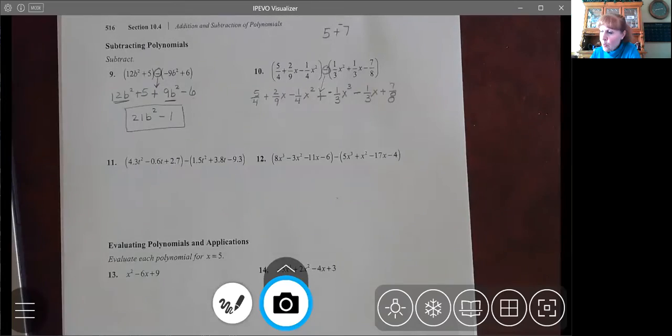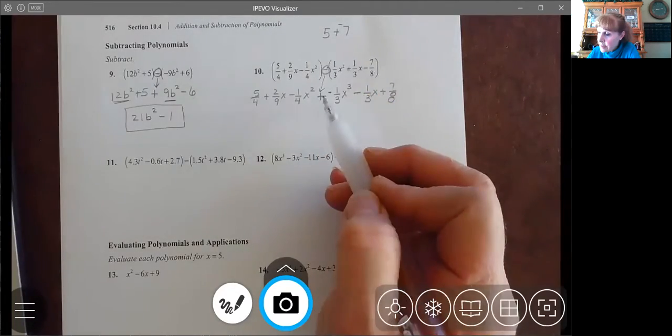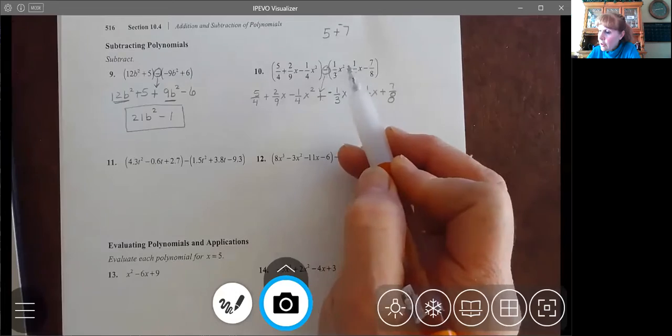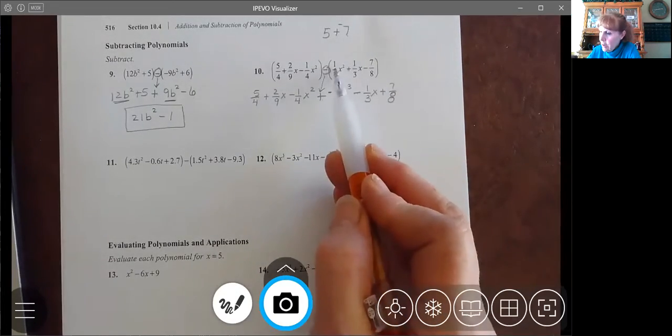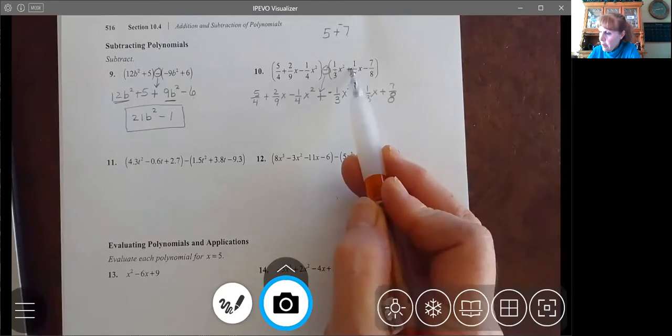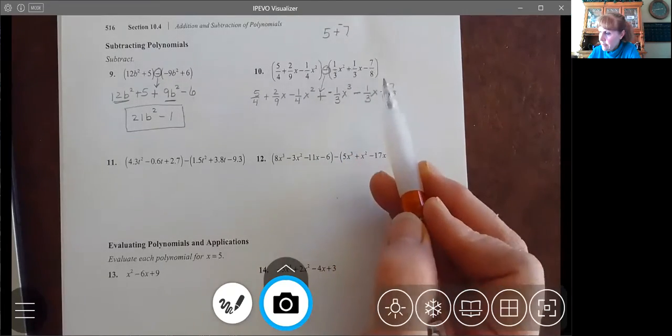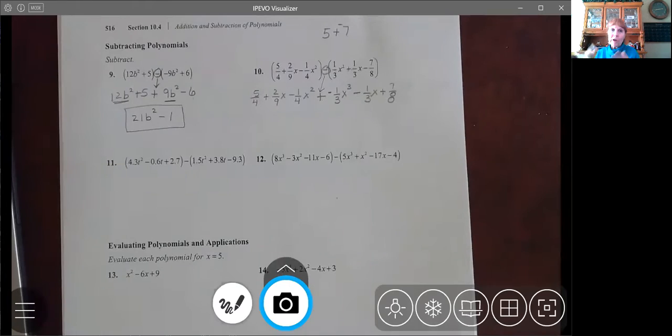The thing is, when we change it to a plus, what follows is more than just one term. So you take the opposite of that one, opposite of that one, opposite of that one. And then you look and you combine your similar terms. Okay. There's not a lot, but that's okay. We'll just go ahead and go on to number 11.